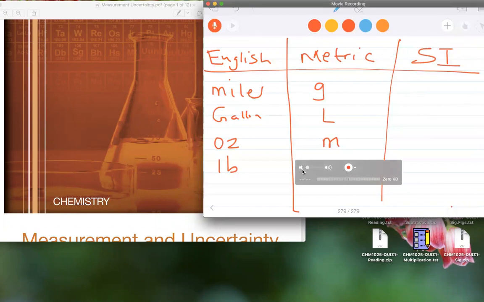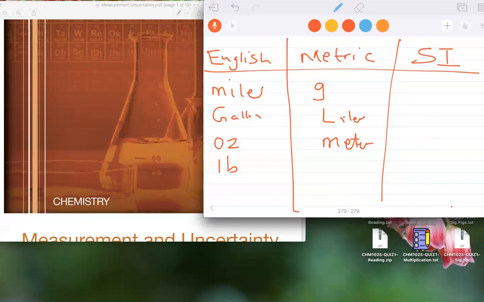I'm talking about the three systems: miles, gallons, ounces, and pounds for English, and grams, liters, meters for metric. This is meter, this is liter, and this is gram for metric. For SI units of volume, we're going to talk about maybe cubic meter, maybe kilometer, and so forth.